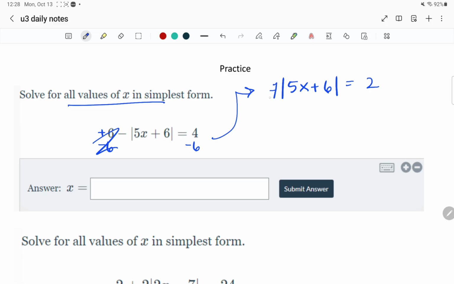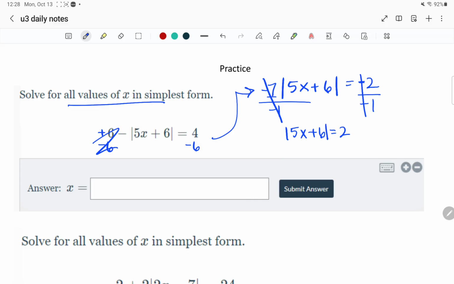Or the reason we can do that is that's a secret 1, and I can divide by negative 1 on both sides. That was negative before, that's why I moved it back. And then I make that go away. And 2 divided by 1 is 2. So whichever way you want to do that, however it helps your brain, I've got absolute value of 5x plus 6 equals 2.